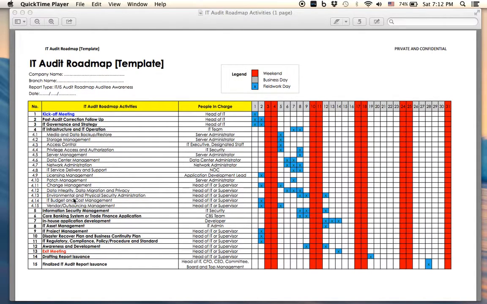Okay. And the next is environmental and physical security administration. This area relates to the data center or server room, and also the outside ATM or the campus area where you place the workstation, laptop or desktop. You need to ensure the environment of the organization complies with the requirement.